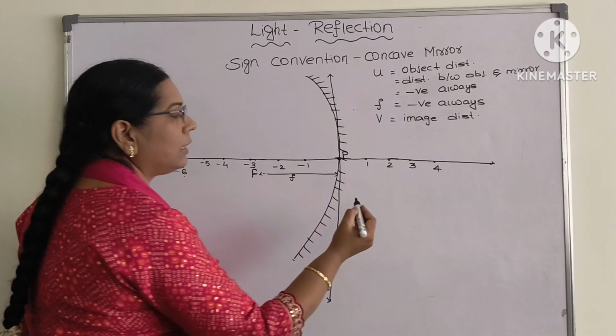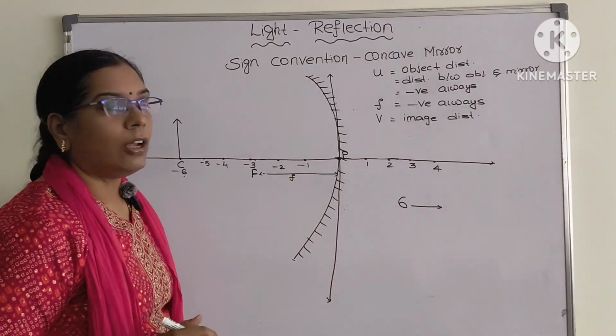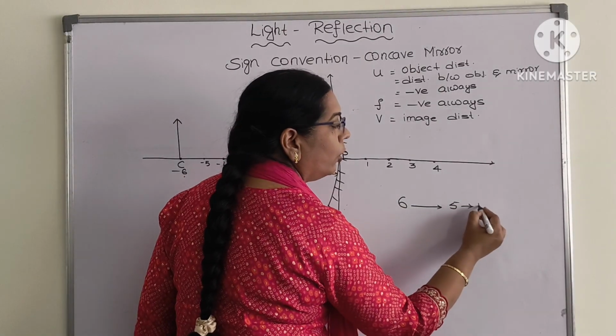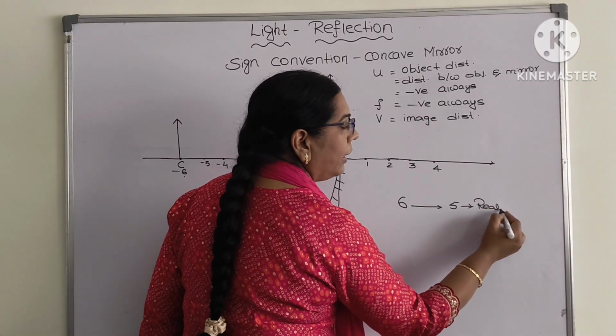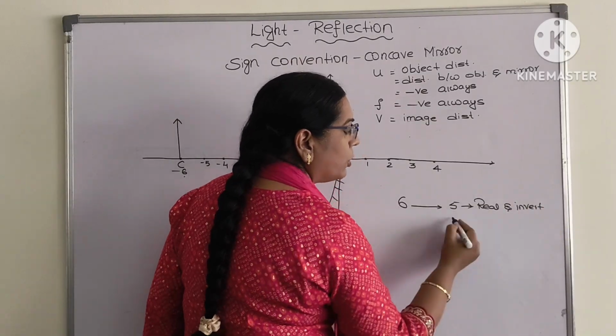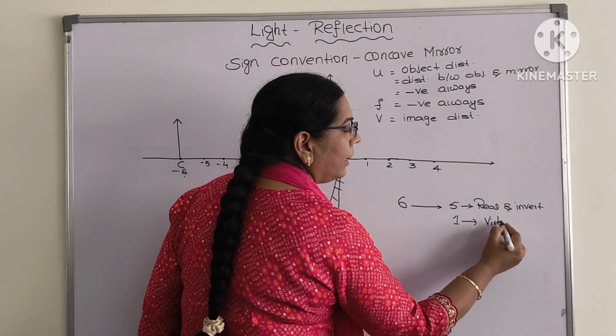There are 6 positions for the object for a concave mirror. Out of these 6 positions, 5 positions will give you real and inverted images, and 1 position will give you a virtual and erect image.